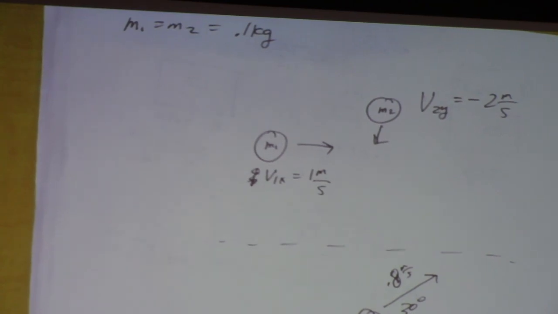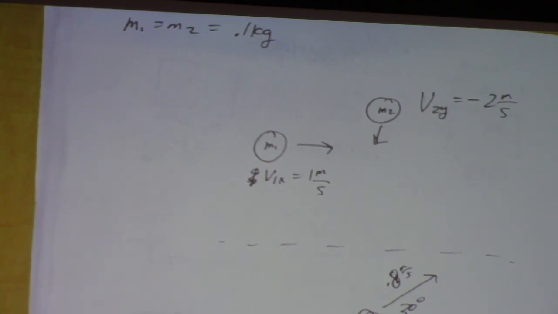Another thing to realize is all the momentum was to the right, so after the collision, in the x direction, it all has to be to the right. This one already has some to the right. We don't know whether mass 1 is going to be moving to the right, or maybe it bounced back to the left. It looks to me like mass 1 is going to continue this way and this way.